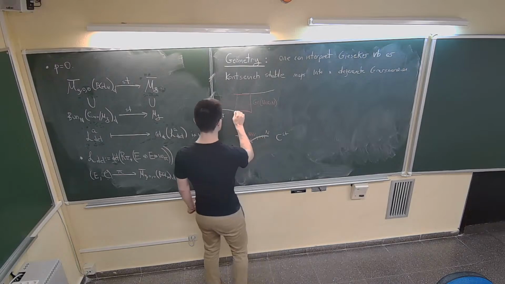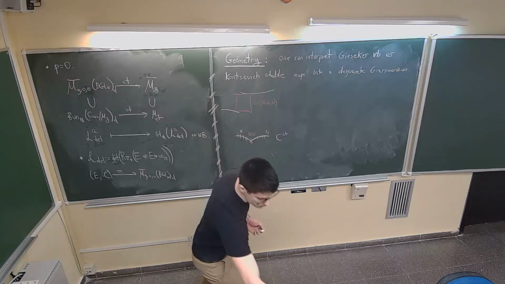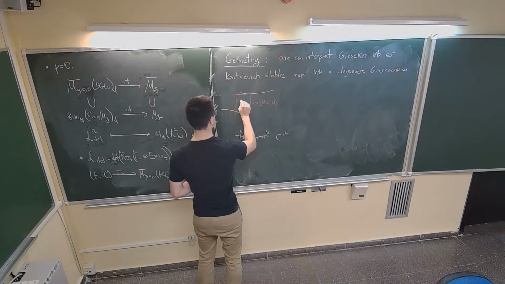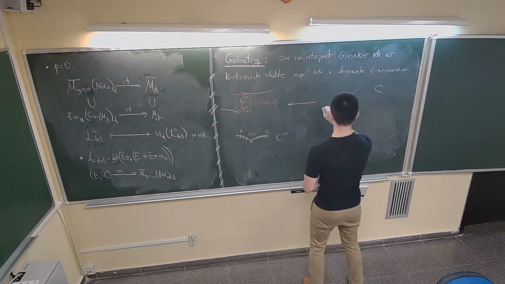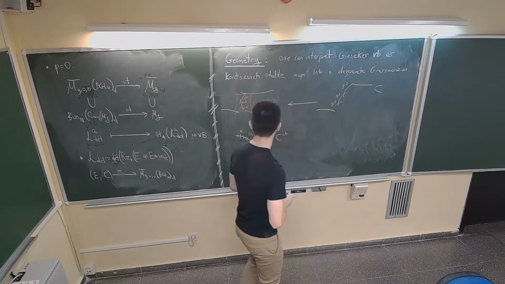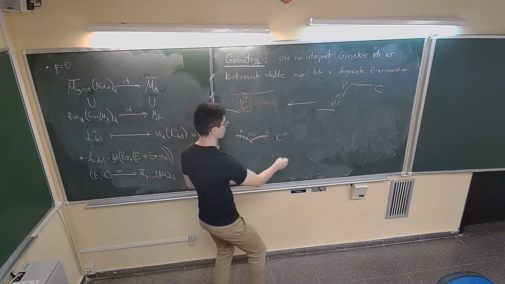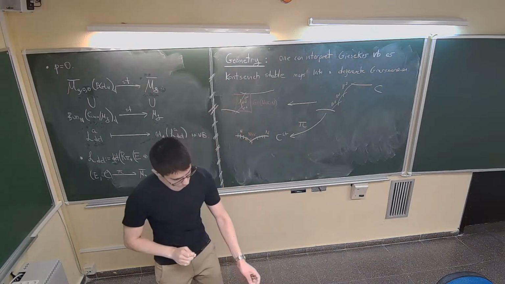Well, I can just join these 2 points where the Grassmannian attaches by a chain of rational curves. And what I'm going to get is a curve which is the same stable curve as before, but now I sprout some rational P1s. And I have this morphism down, which is going to be the stabilization.